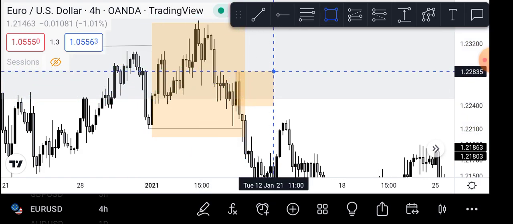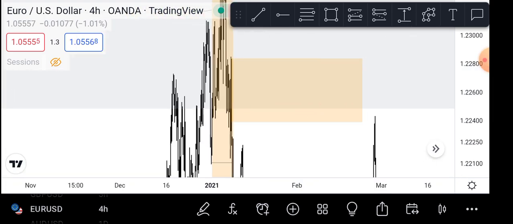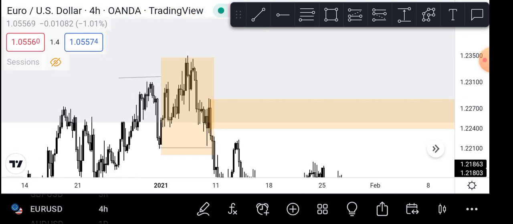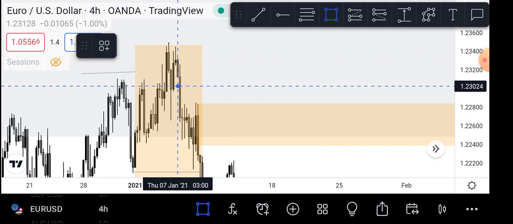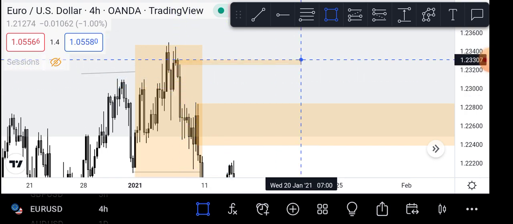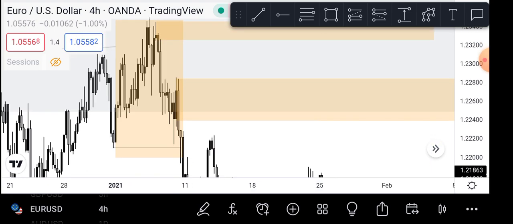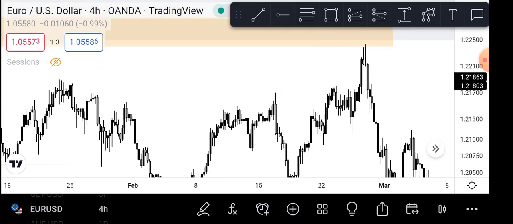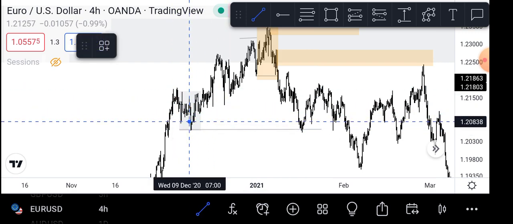So that will be like our control supply one, then the top. At the top, you can see before this impulsive move, you can see this range too over here.